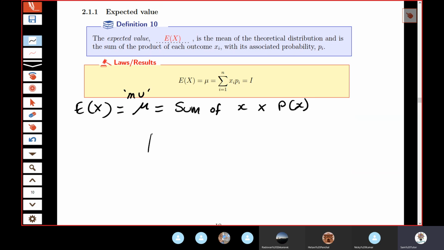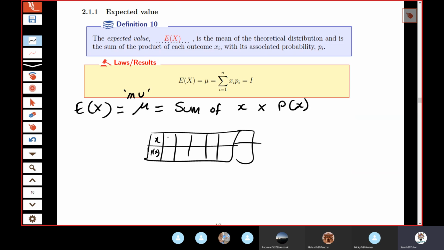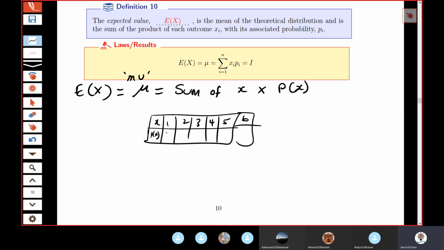So that means if I think about, let's say, the dice question that we just saw above, 1, 2, 3, 4, 5, 6, the probability of each one occurring is 1/6, 1/6, 1/6. The expected value of this, or the mean of this, is the sum of the x's multiplied by the probabilities.